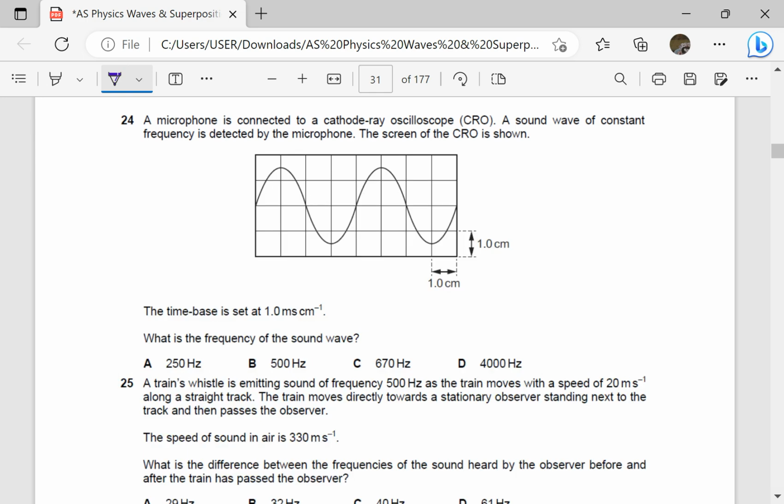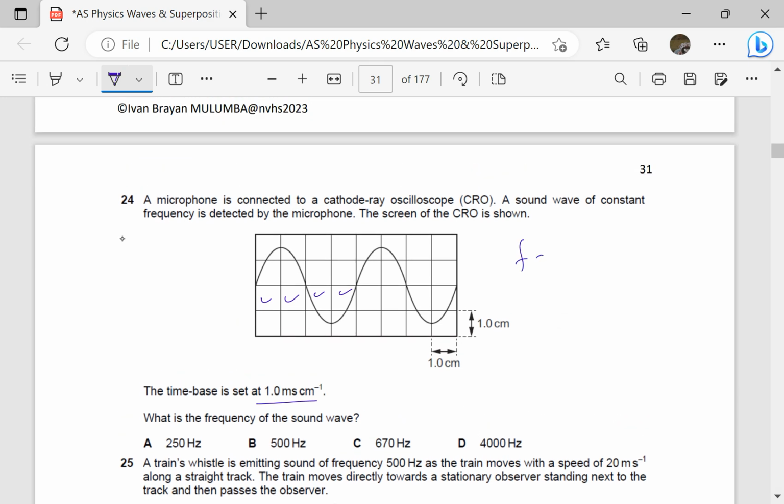The microphone is connected to a cathode ray oscilloscope. A sound of constant frequency is detected by the microphone. The screen of the CRO is shown. Time base is set at 1.0 milliseconds per centimeter. What is the frequency? Here we have 1, 2, 3, 4 divisions, 4 centimeters representing one cycle.